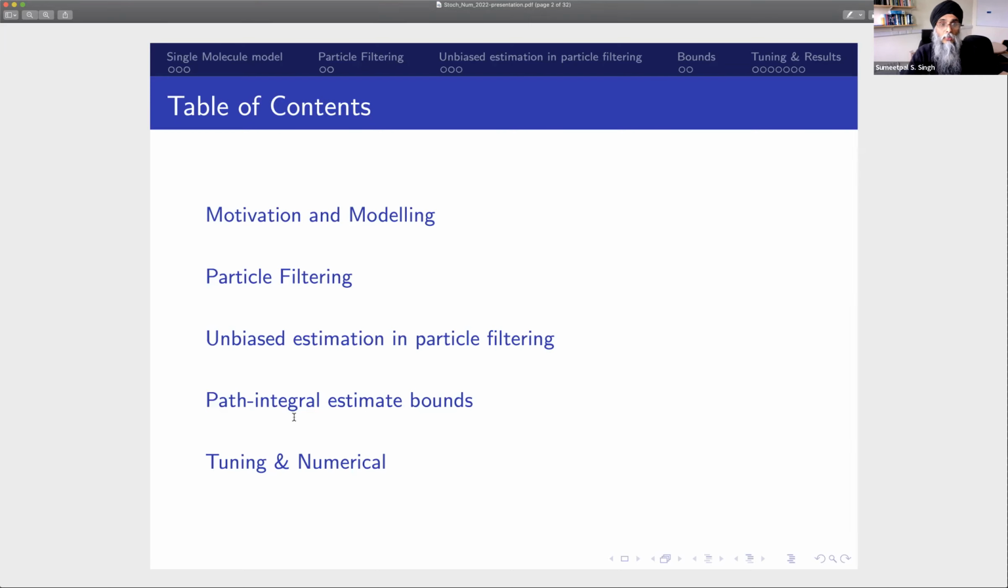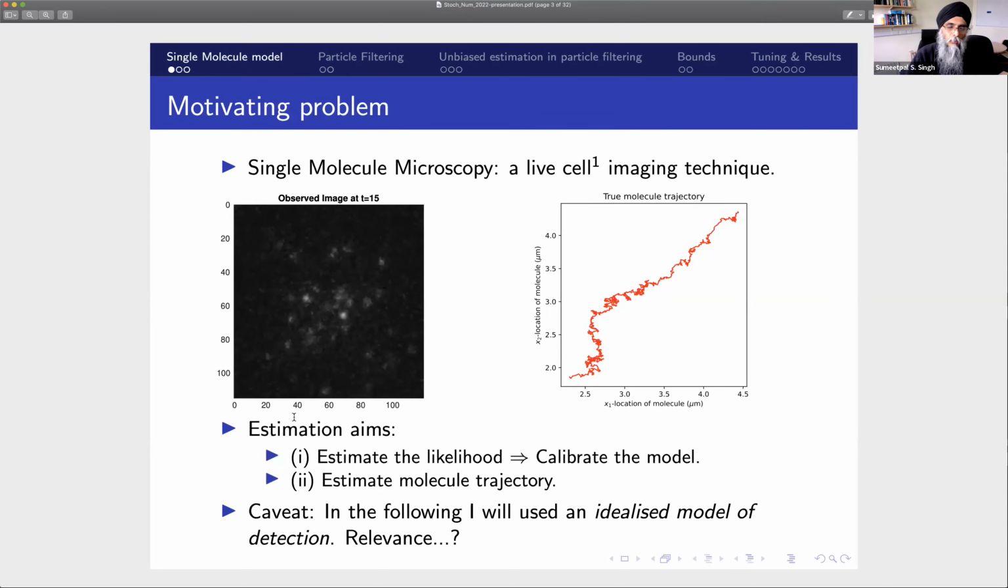Okay. So here's the motivating problem. What you're looking at here on the left is an image of a live cell under a microscope, and the cell is live, it's imaged under the microscope, and they capture a video of molecules on the cell that are fluorescing.